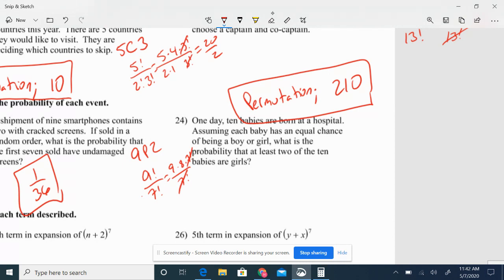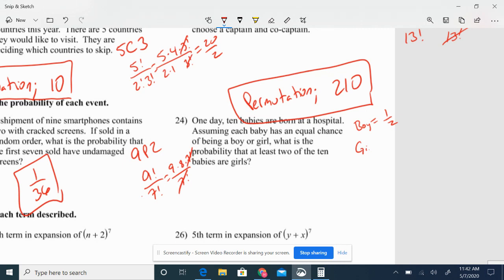What's the probability that 2 of them are girls? What's the probability that 3 are girls? What's the probability that 4 are girls? 5, 6, 7, 8, 9, 10. That's too many probabilities to add. Why don't I look at how many ways I can rearrange this? So I say, well, the probability of being a boy is 1/2.